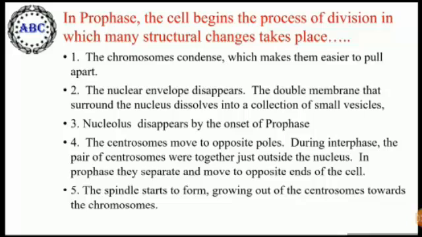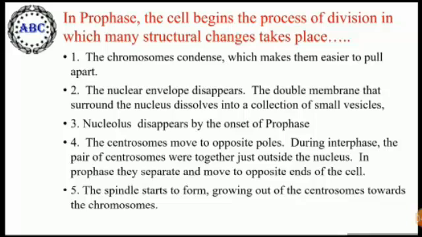The centrosomes move to the opposite poles. During interphase, the pair of centrosomes were together just outside the nucleus. In prophase, they separate and move to the opposite ends of the cell. The spindle starts to form, growing out of the centrosomes towards the chromosomes.